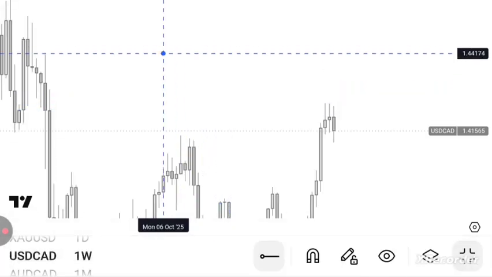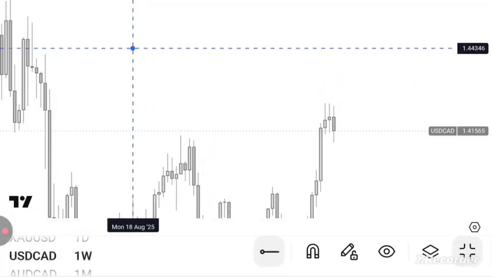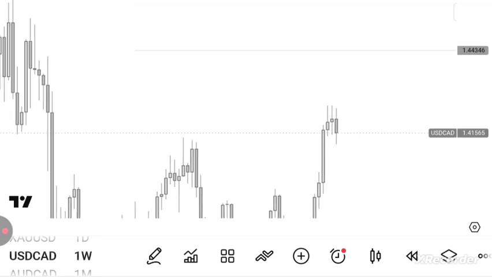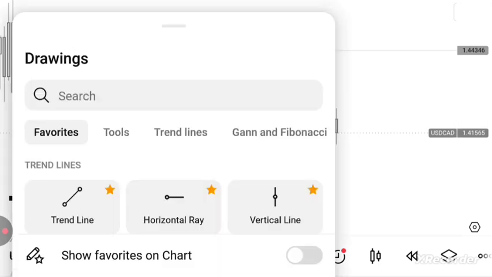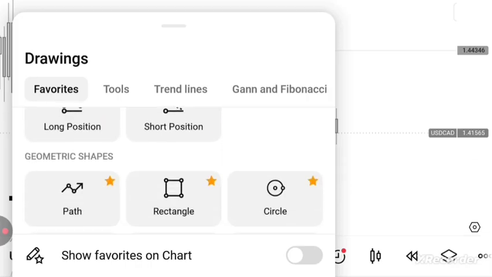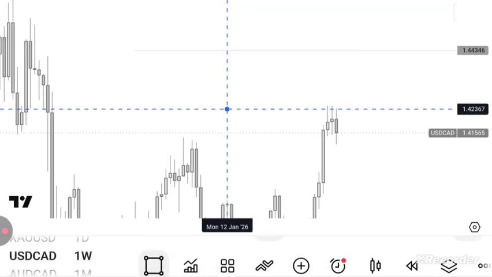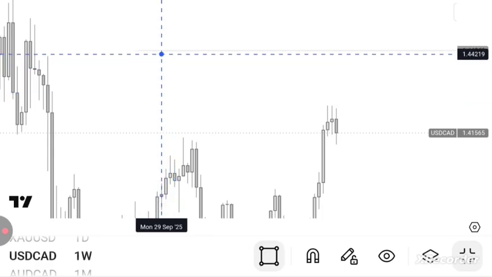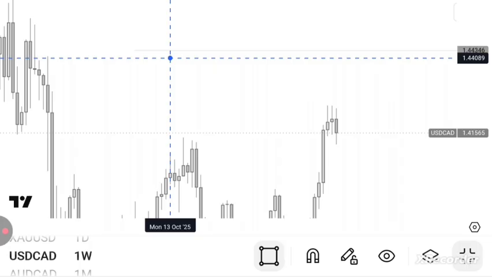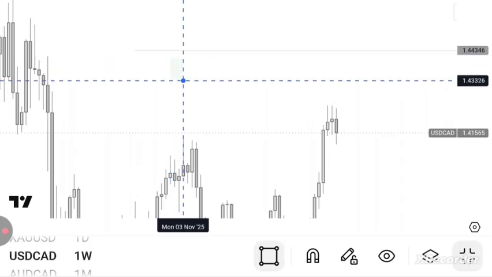Let's say this particular horizontal ray is my weekly key level. If I'm building my bias from the weekly time frame, I want to see price reject from it.